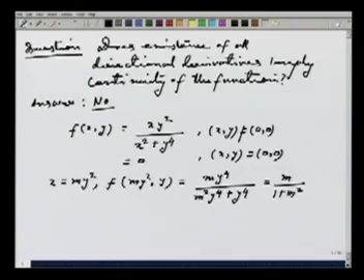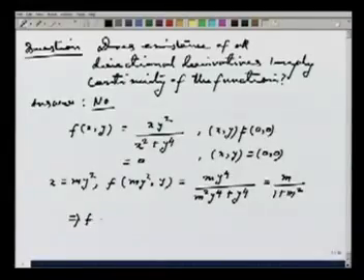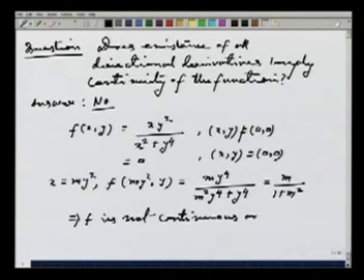So if I take limit y going to 0, it does not depend on y, and the limit depends on m. So if I go through different paths, I get different limits. So this implies f is not continuous at (0, 0).